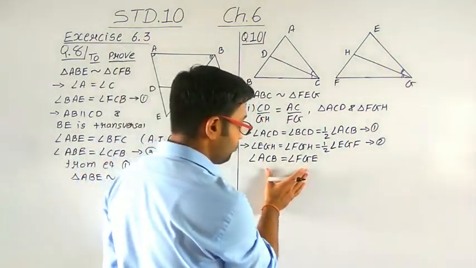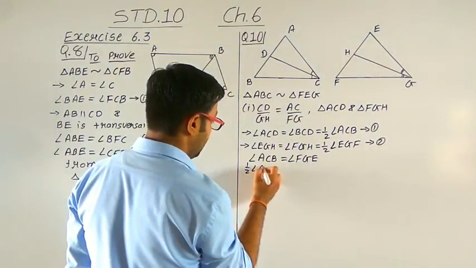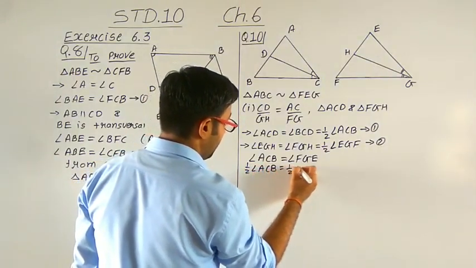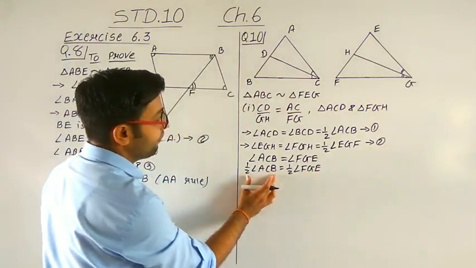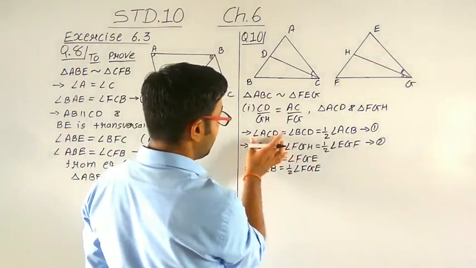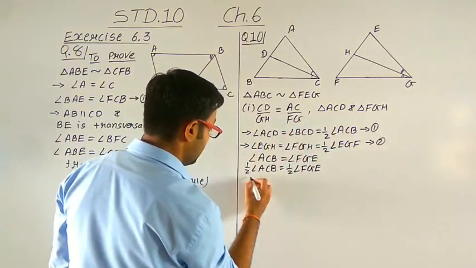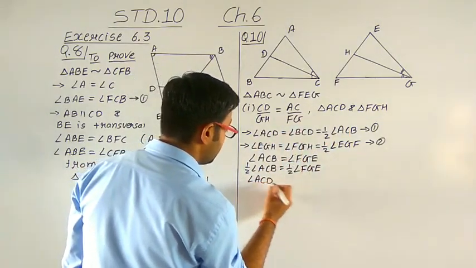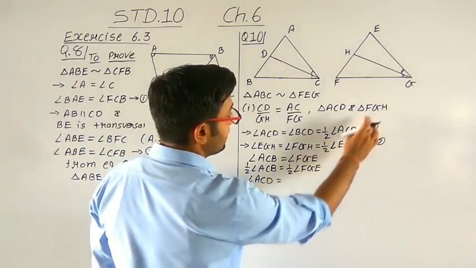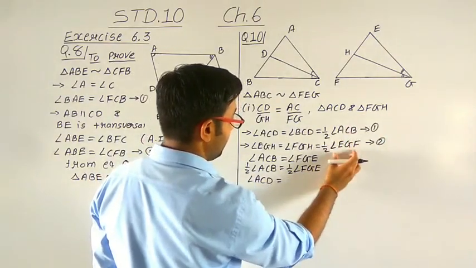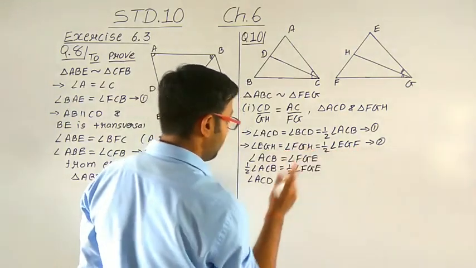Right? Now, if two angles are equal, then their halves are also equal. So 1/2 of angle ACB will be equal to 1/2 of angle FGE. But which angle do we require? We require angle ACB here, and here we require 1/2 of FGE, that means we can take this angle FGH.